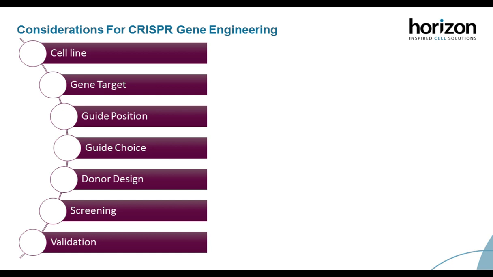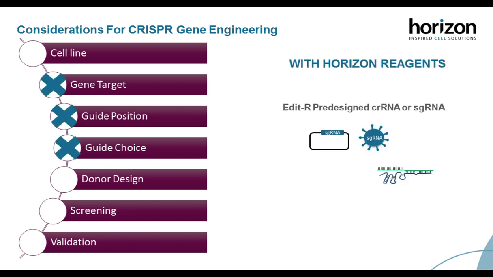Now that you have your guide RNA designed, the next consideration to take is the donor design. For a knockout, you obviously don't need a donor design. However, it is a very good idea to think about at this stage your screening strategy that you're going to be using for your knockout. For your knock-in, you obviously have to consider a donor design, and there are a number of considerations to take.